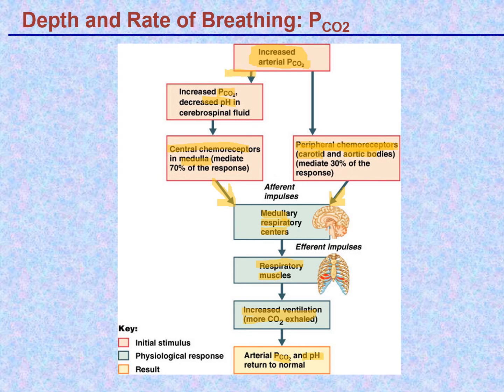So we're talking about an initial stimulus causing a physiological response. How is that change regulated? Well, it's detected, triggers a response in the brain, sending out a signal to the inspiratory muscles, and they increase their activity, bringing the initial change, the increased arterial PCO2, back to normal levels.